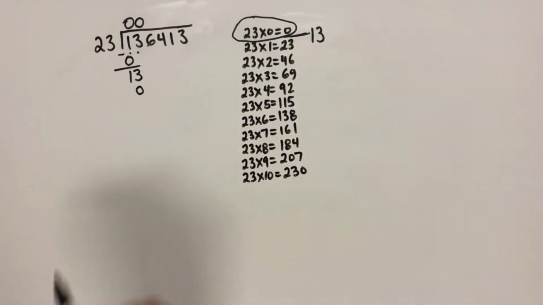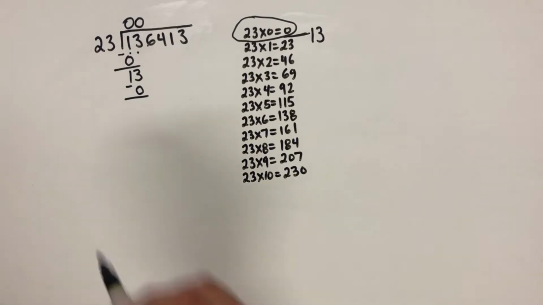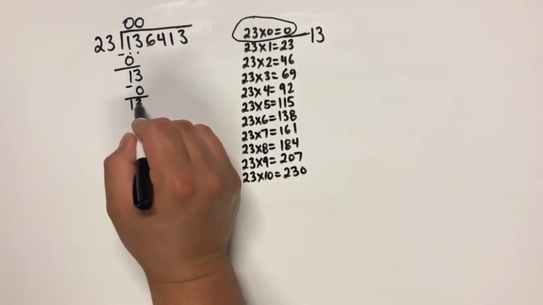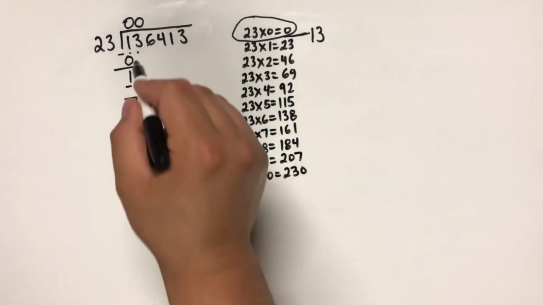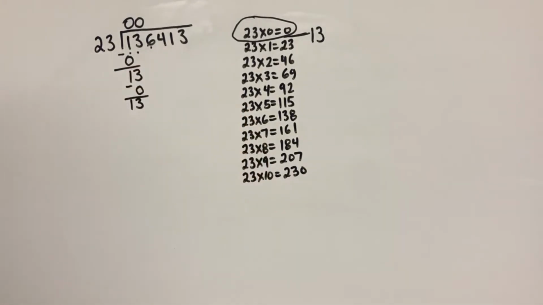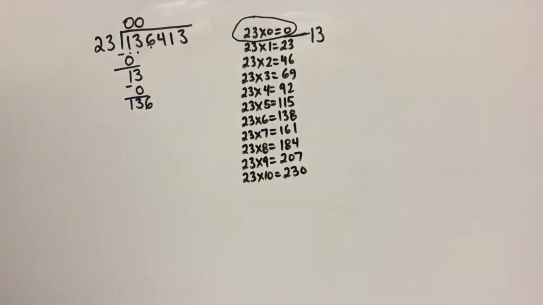And then I perform a subtraction of those two numbers. 13 minus 0 is 13. Nothing changes. Perfect. So now I'm going to look at the next number inside the division house, which is the number 6. And I'm going to bring it down so that I now have the number 136.